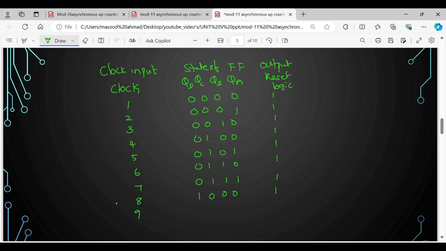For 9, 1 0 0 1, still it is 1. For 10, it is 1 0 1 0, still it is 1. For 11, 1 0 1 1, the meaning of this is that we are clearing the flip-flops when it is 1 0 1 1, which is 11.